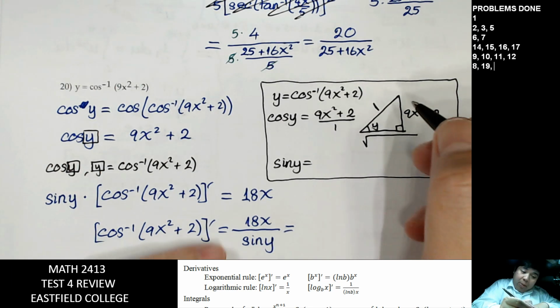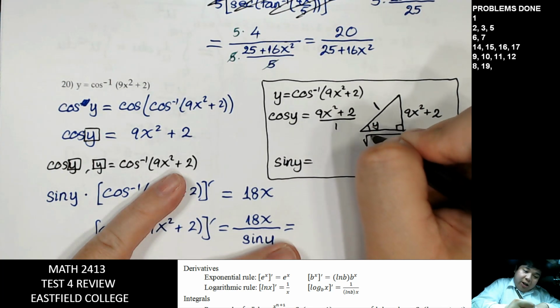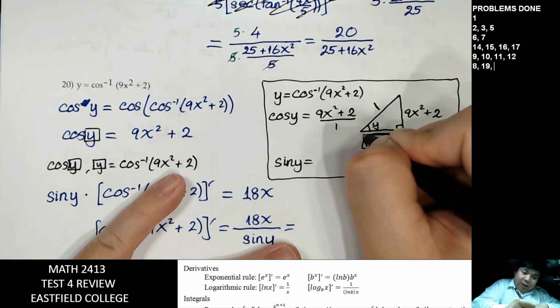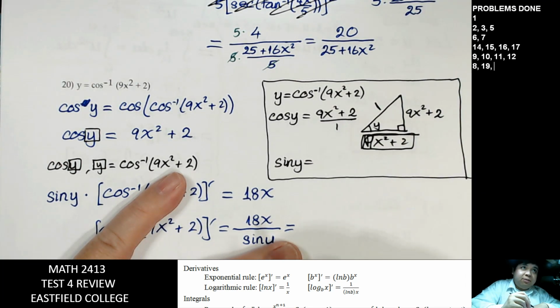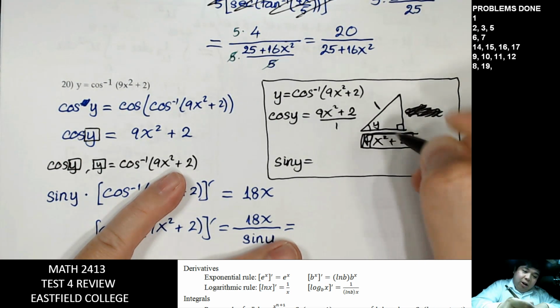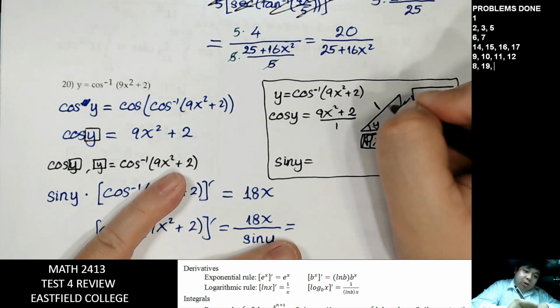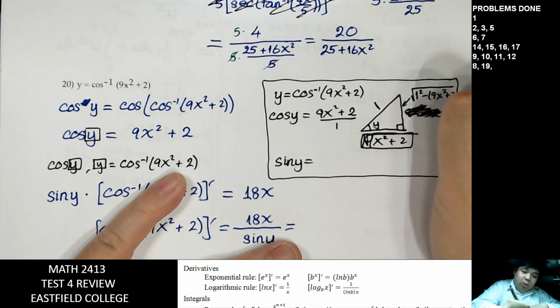So if this is 1 and 9x squared plus 1, so this will be the adjacent. I'm sorry. Cosine is adjacent, so this will be 9x squared plus 2. Yeah, that is 9x squared plus 2 is the adjacent to y. The opposite will be equal to the square root of 1 squared, which is 1, minus 9x squared plus 2, squared.